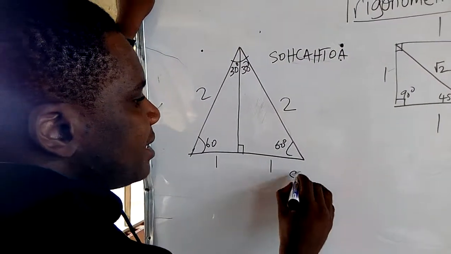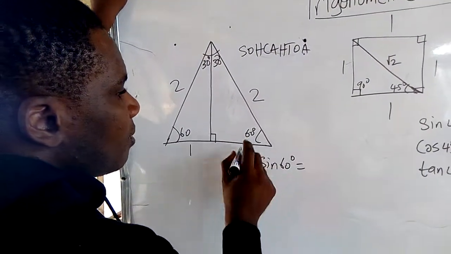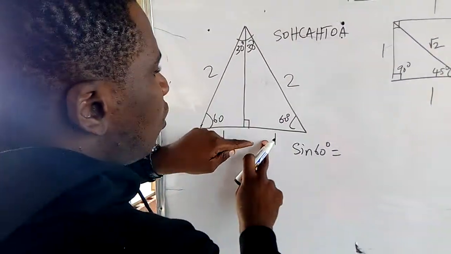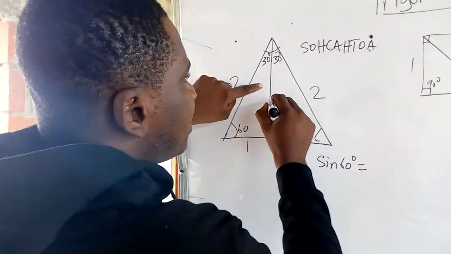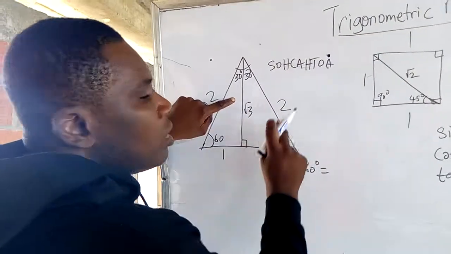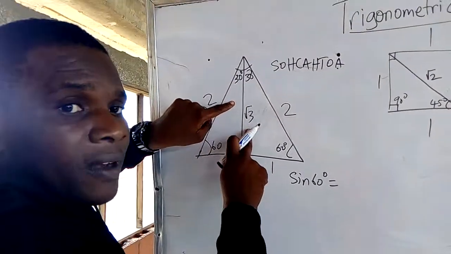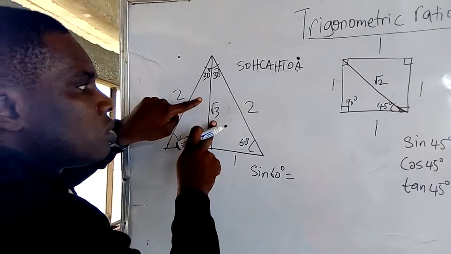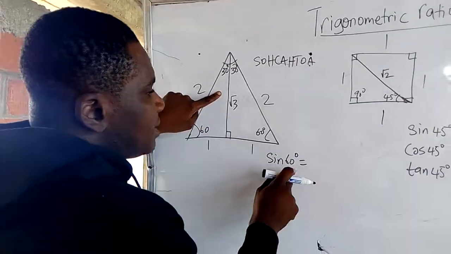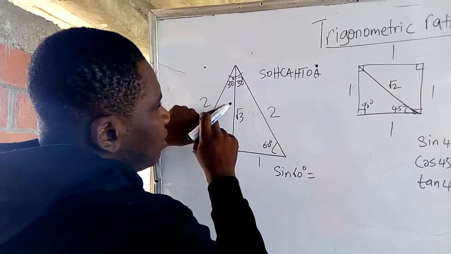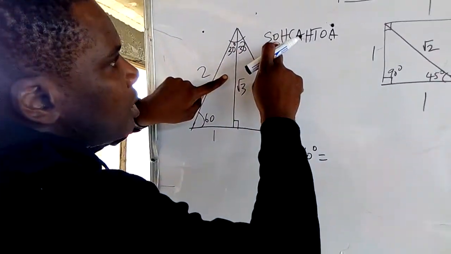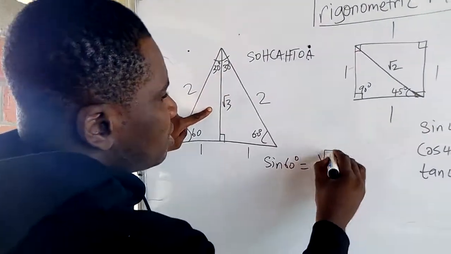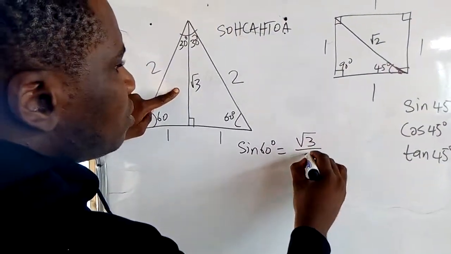So sine 60 degrees is gonna be opposite over hypotenuse. Opposite, this is this side. Here is root 3. 1, 2, root 3. That's what you need to note. So sine 60 is opposite over hypotenuse, which is root 3 over 2.